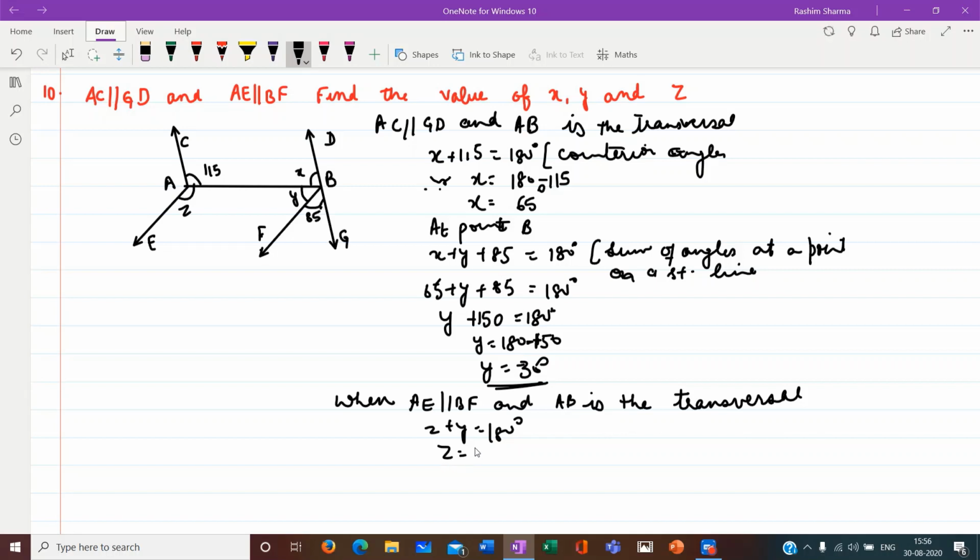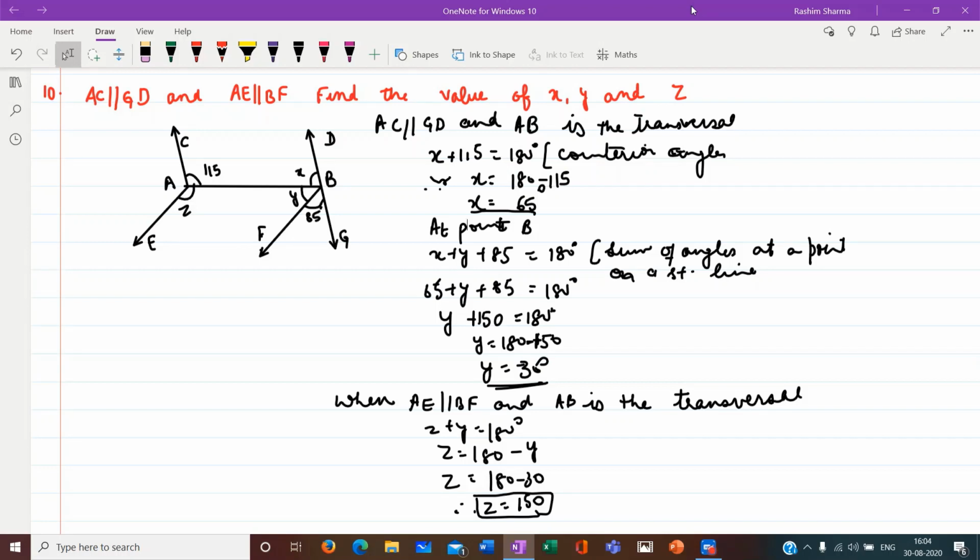So Z comes as 180 minus Y, and we know Y is 30 degree. So Z is equal to 150 degree. Alright. So we get here Z as 150, Y as 30 degree and X as 65 degree. This is what we were supposed to find.